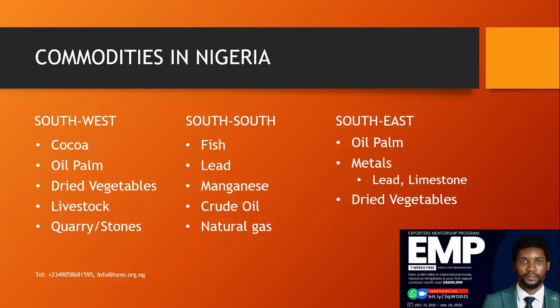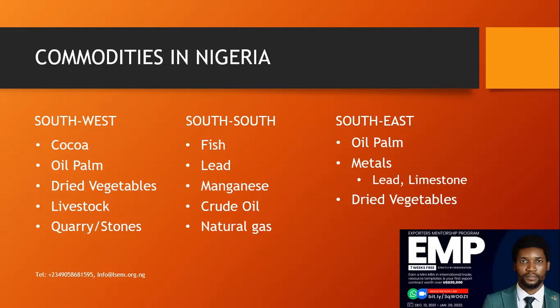Even to export commodities there, we can still move the products by road, not necessarily by ship. So all these are in the picture, and that's why we expanded the class curriculum.